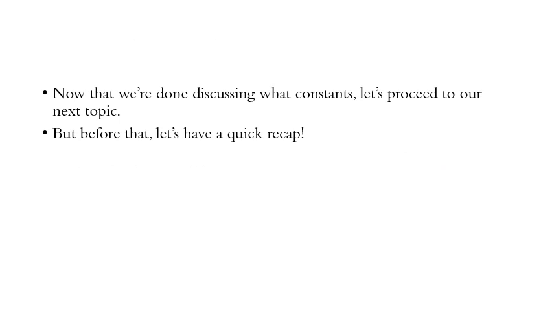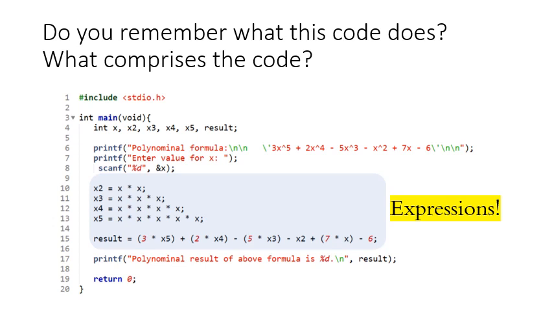Now that we are done discussing what constants are, we can proceed to our next topic. But before that, let's have a quick recap. One of C's distinguishing characteristics is its emphasis on expressions, or formulas that show how to compute a value, rather than statements.